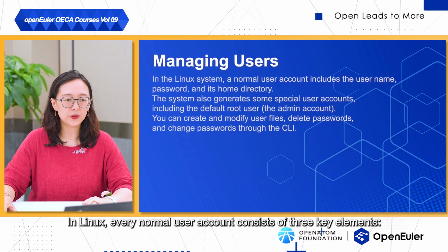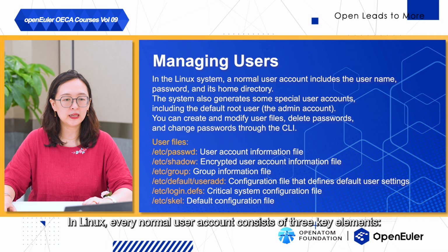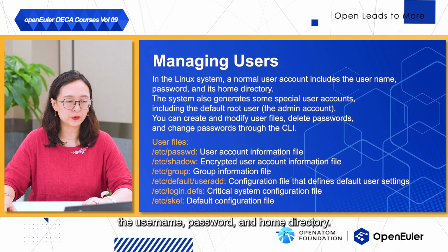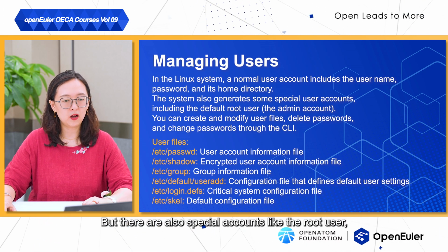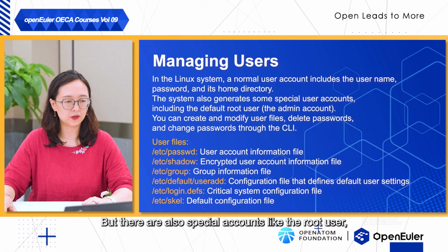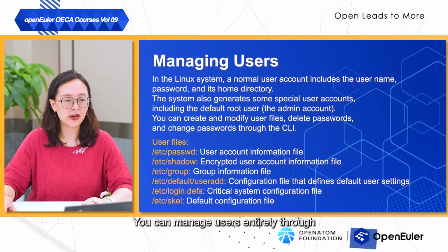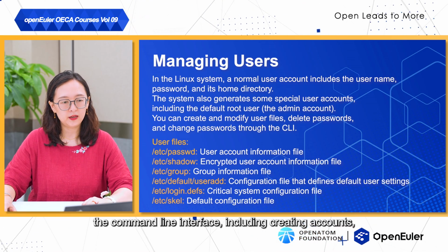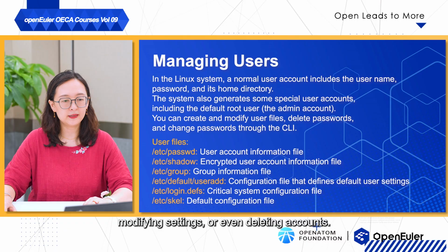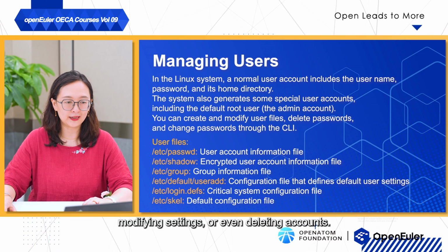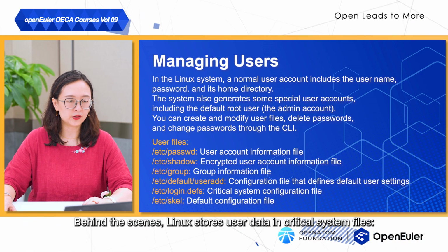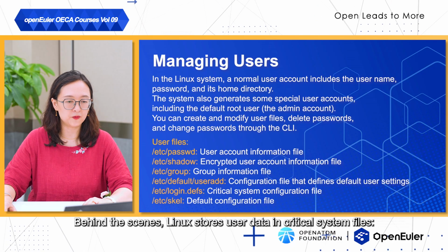In Linux, every normal user account consists of 3 key elements: the username, password, and home directory. But there are also special accounts, like the root user, which has full administrative privileges. You can manage users entirely through the command line interface, including creating accounts, modifying settings, or even deleting accounts. Behind the scenes, Linux stores user data in critical system files.